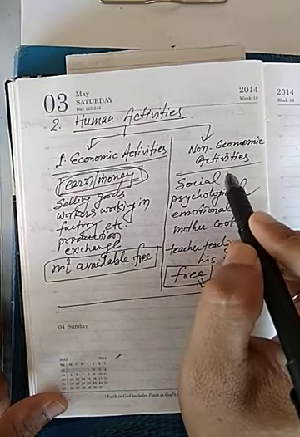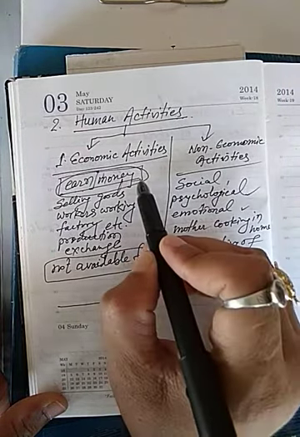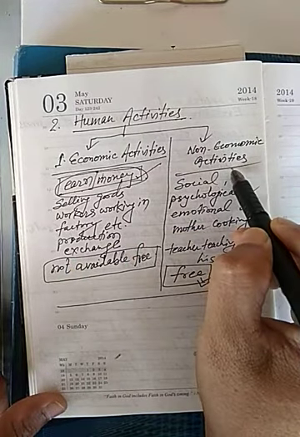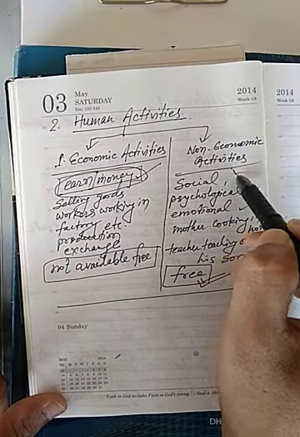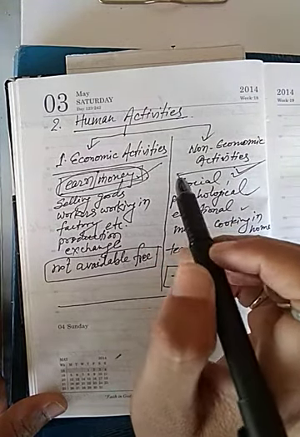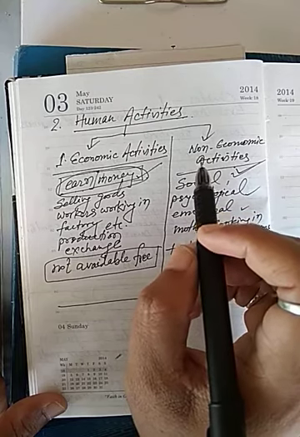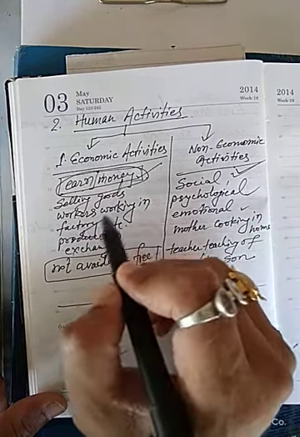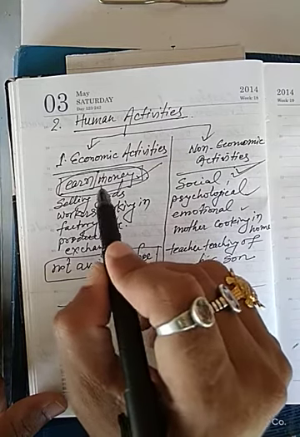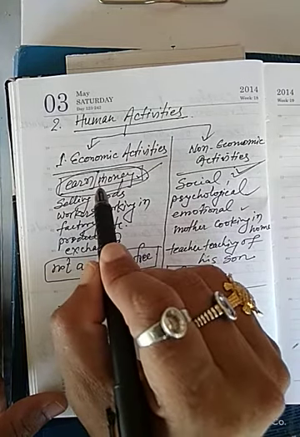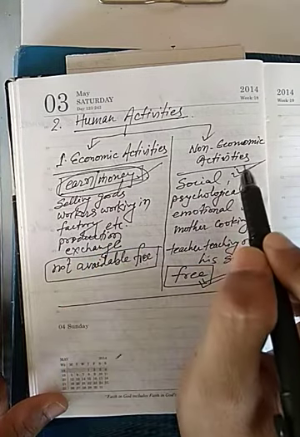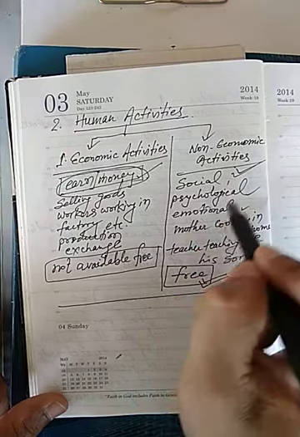Economic activities are measured in money or money's worth. Non-economic activities are not measured in money.